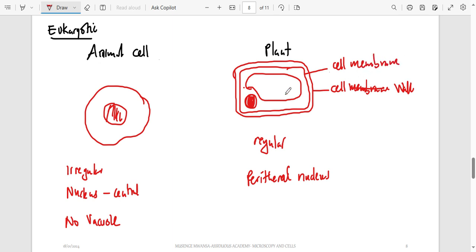Now, let me first label this so that you see this is the vacuole, this is the nucleus. These are not the only parts which a plant cell and an animal cell are going to have, but the common parts these two cells have is that the animal cell also has a nucleus. This space between the vacuole and the cell membrane is the cytoplasm.